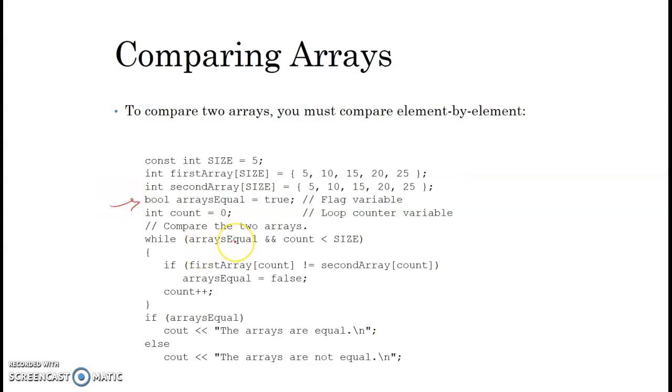The only way for me to test whether or not they're equal to each other is to test each element of the array, checking one by one to see if there is a match all the way through. Of course, this one is going to return true because 5 is 5, 10 is 10, and so on in the array. But I had to process each element of the array in order to do this comparison to test for equality.